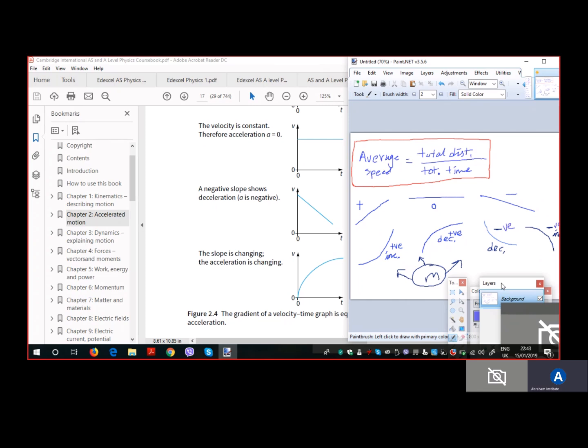So the speed is still increasing, but at 20 meters per second every second. Still it's an acceleration. The velocity is still increasing, but at a lower rate than before.